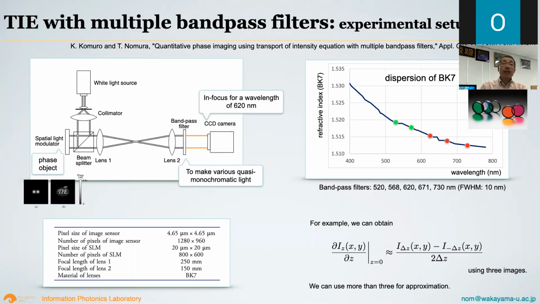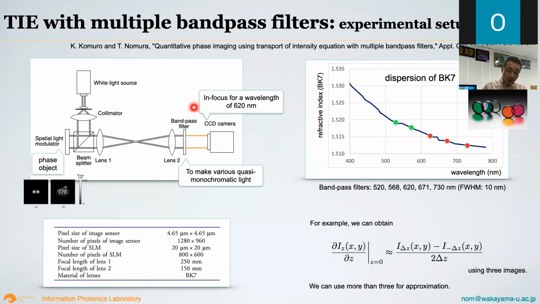This view graph shows the experimental setup. We use multiple bandpass filters to realize different wavelength illuminations. So this is a white light source coming from here to the spatial light modulator, phase type. So we display a phase object on the SLM. So then the light comes from the left side to the right side.